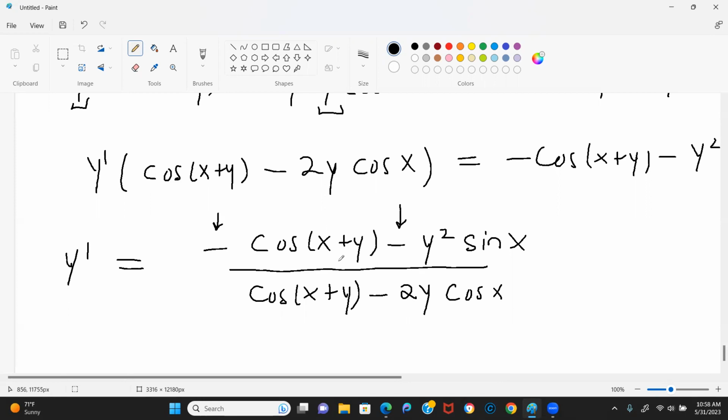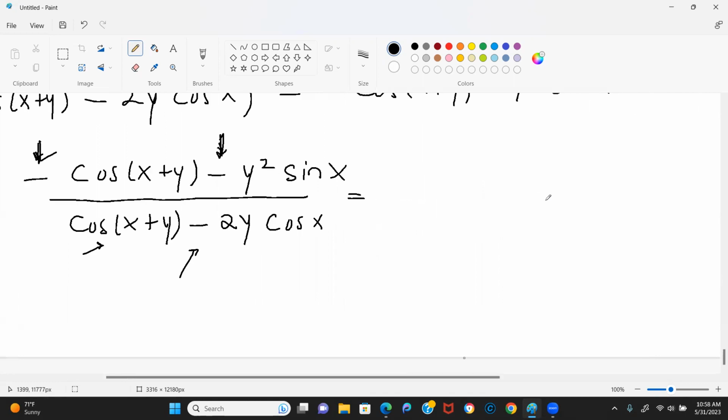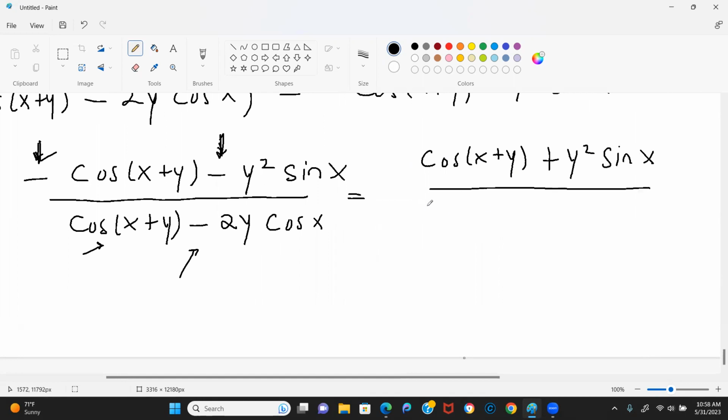I can factor out the negative in the numerator and multiply it into the denominator. So these negatives go away and these two terms switch. So it will be cosine of x plus y squared sine x over 2y cosine x minus cosine of x plus y.